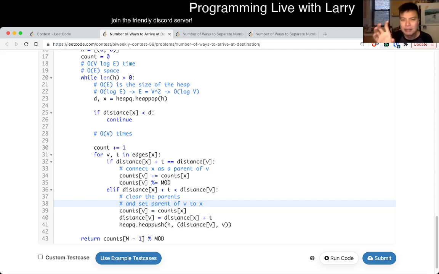So if you haven't solved that before, I recommend you look into the number of paths in a DAG, and that will give you an idea of how to solve this one. And then here, that's just the recurrence. That's all I have for this one. Let me know what you think.